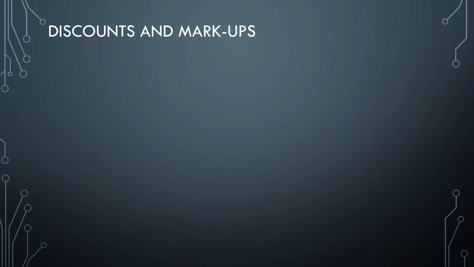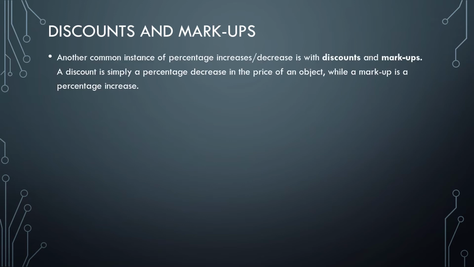And then the last two sections in this are discounts and markups. Again, none of this is really a completely different process. This is just a different name for a different concept that uses the same kind of idea. So you'll probably have seen discounts and markups. Discount is something the store kind of advertises, and markups is the thing that they don't.